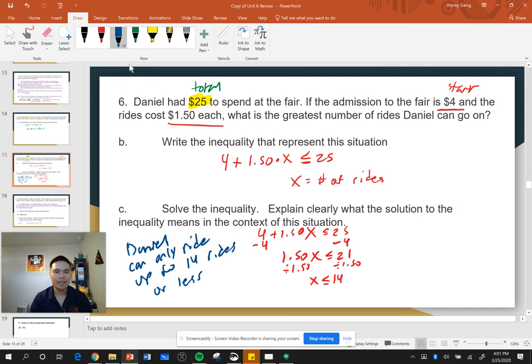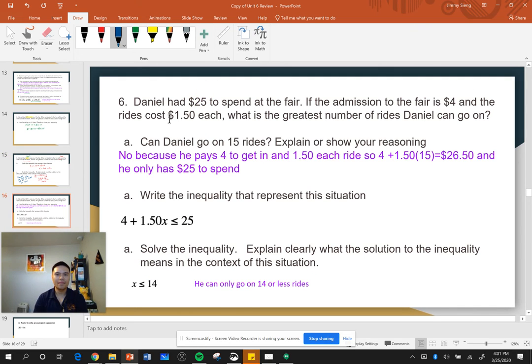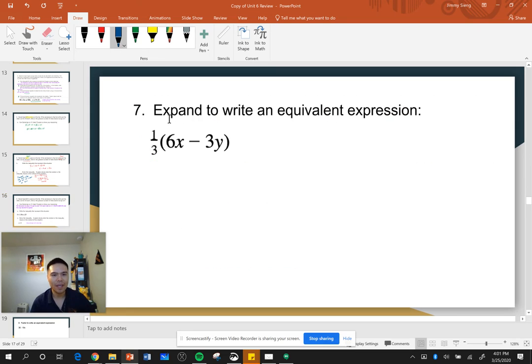Okay, let's double check. There's our equation, there's our answers. We saw that we can't ride 15 rides, but we can ride 14 rides or less, okay?